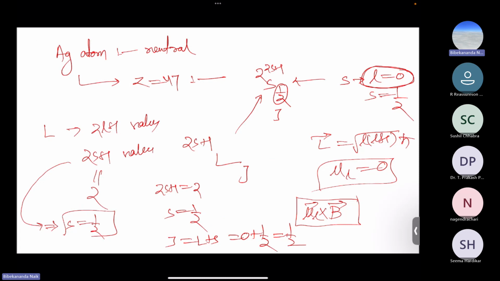Since the value of S is different for both, plus half and minus half, the force is different in different directions. So there are two different spots, and the electrons are being incident on these spots. Everybody understood how the experiment was able to explain the existence of the concept of electron spin?